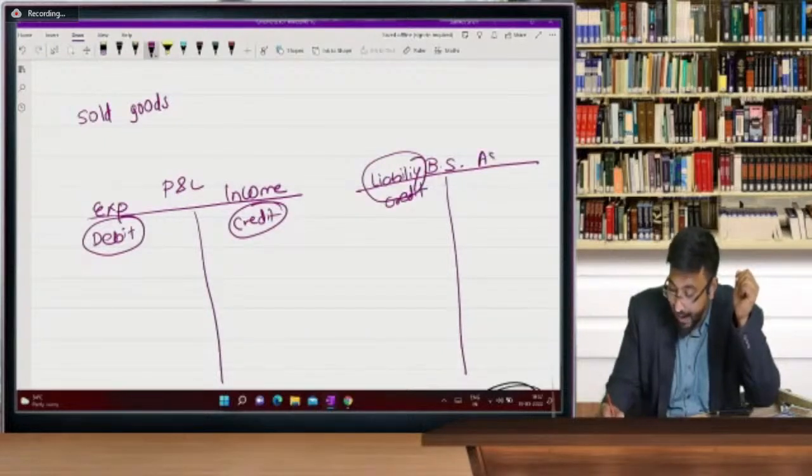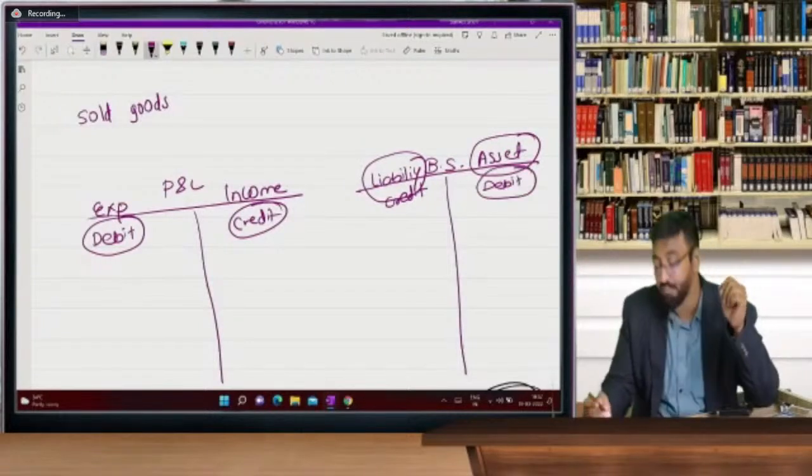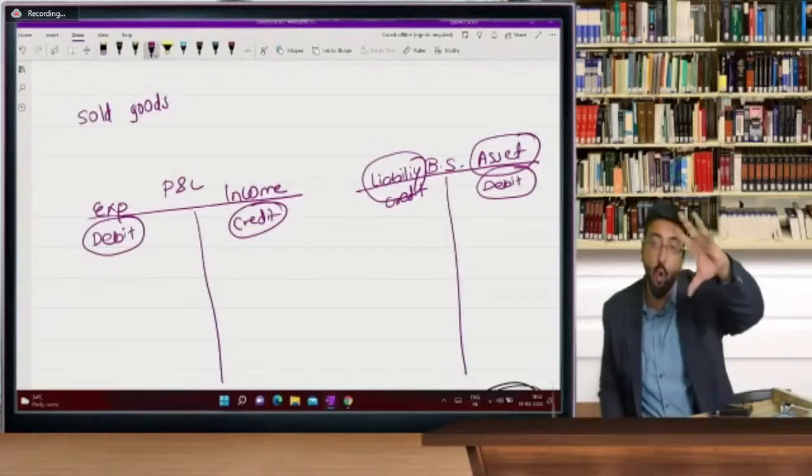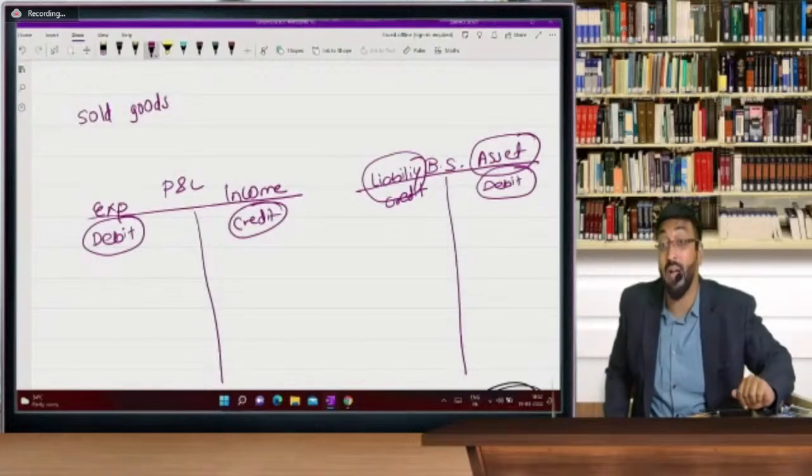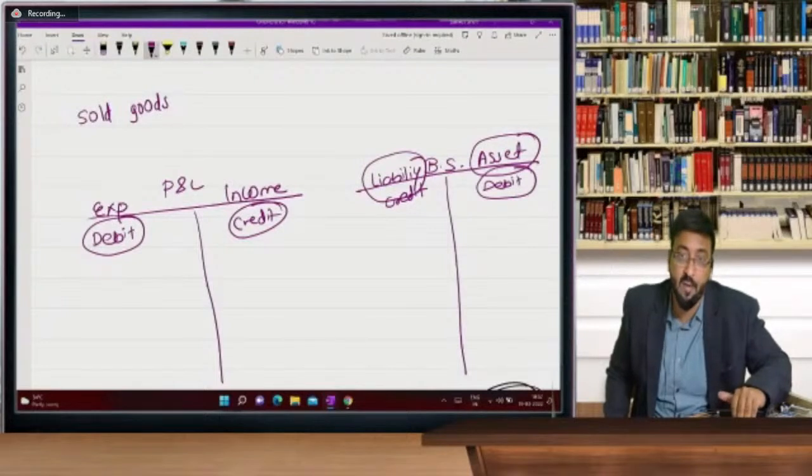And this is balance sheet asset side. Now, debit balance. Now you know all basics from the traditional approach. Now I want the modern approach. Now I develop your thinking from the modern approach.